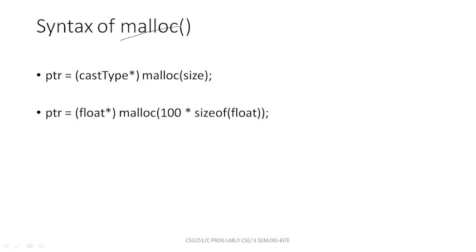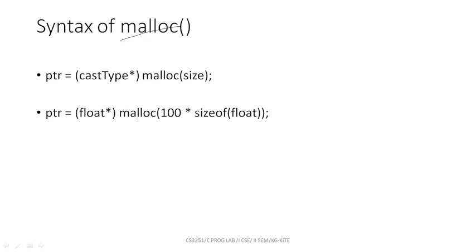The first function for our discussion is malloc. As we said earlier, malloc stands for memory allocation. The syntax of the malloc function is: the pointer type cast, which is the data type of the memory, then the malloc function name and the size of the memory to be allocated.